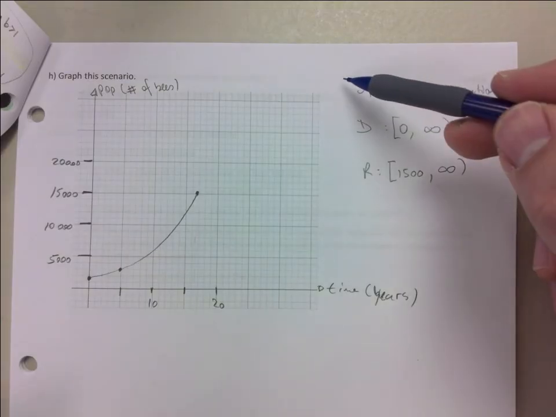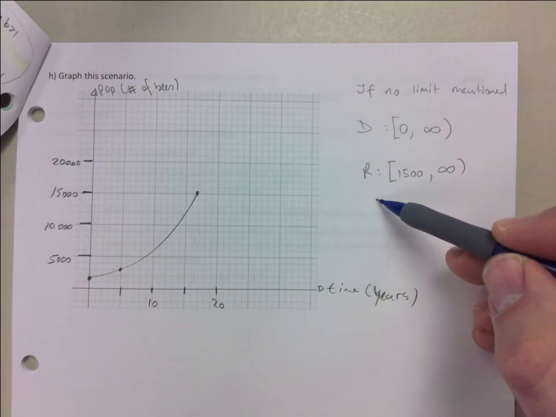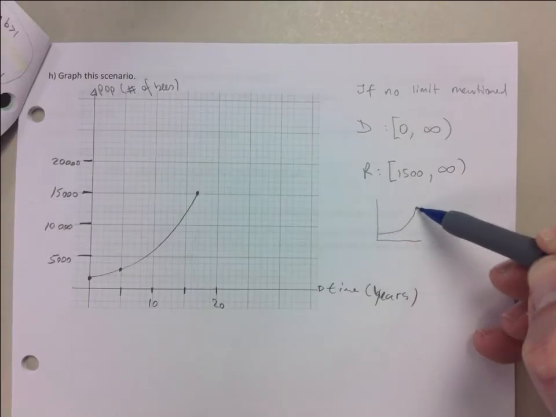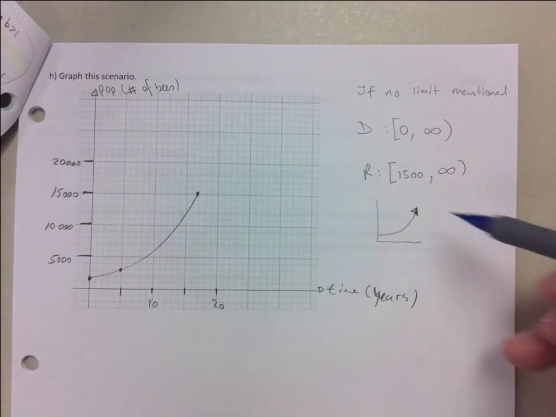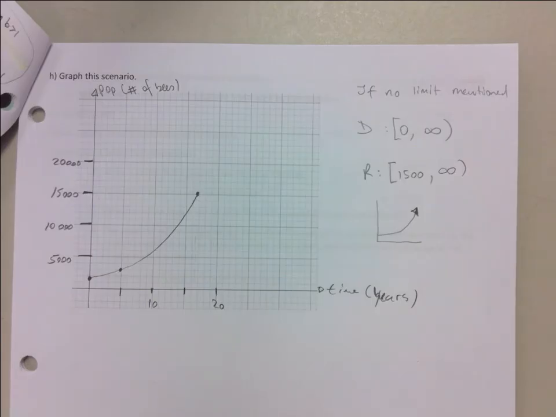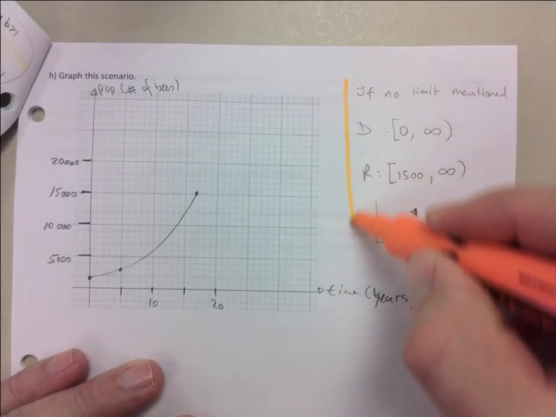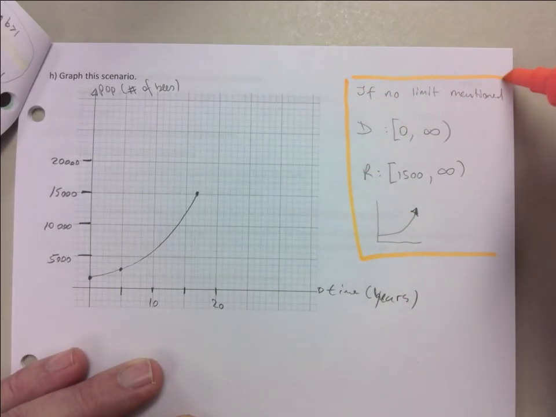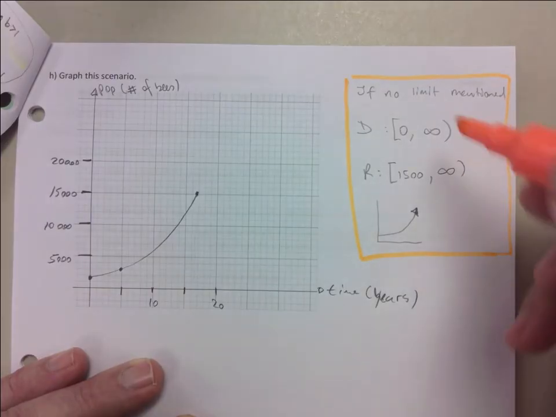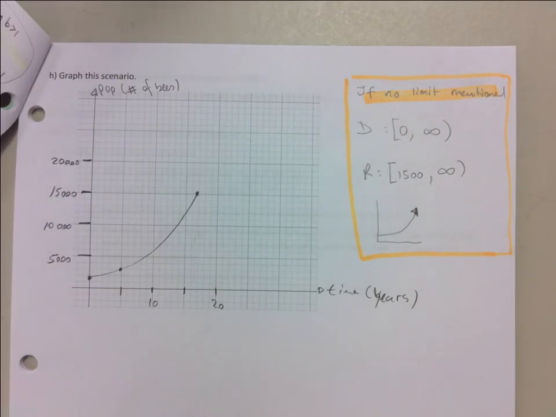Okay, so this is just, I'm gonna highlight this. This would have been a scenario where you actually put an arrowhead at the end of that curve. And let's make sure you clearly understand that this is an aside. If no limit had been mentioned, then you go to infinity.